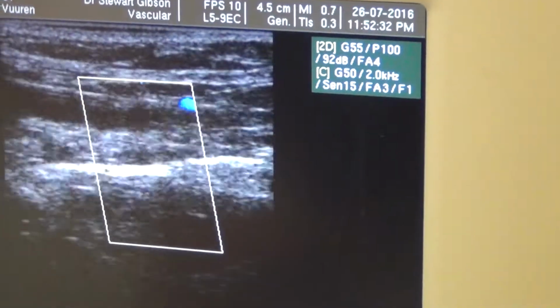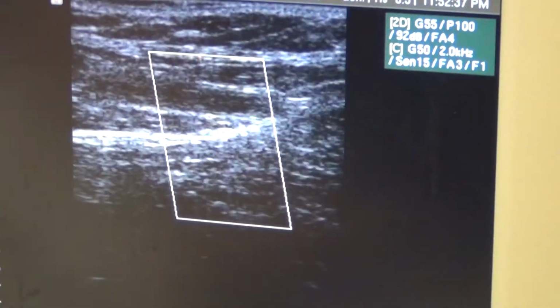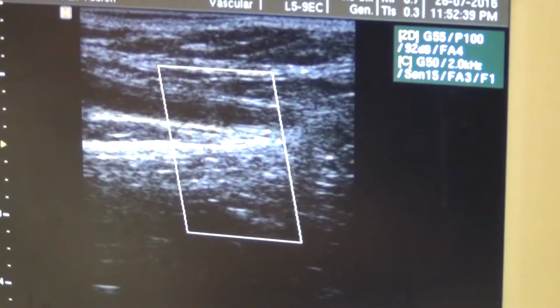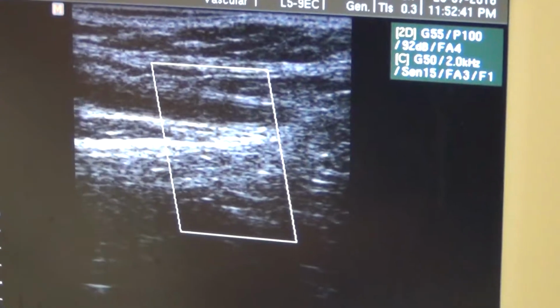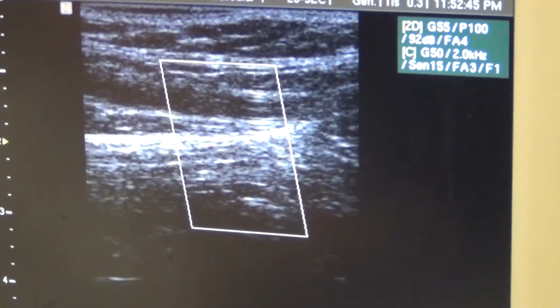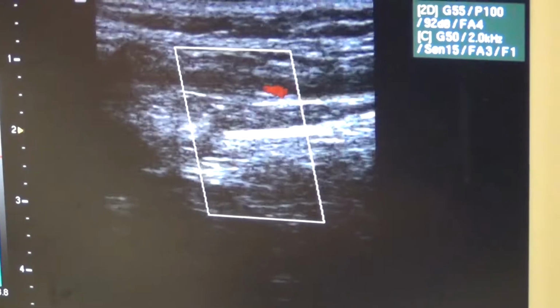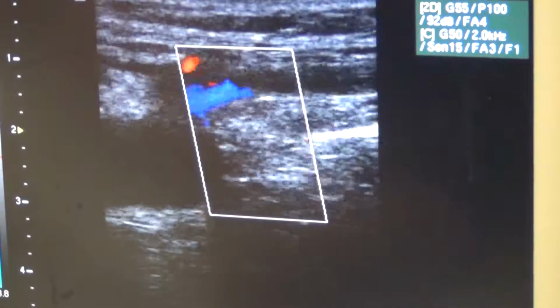The high flow rate has reduced enormously following the injection of the arteriovenous anomaly in the anterior medial tibia. But it still hasn't solved the problem of why we have such a high venous return superiorly.